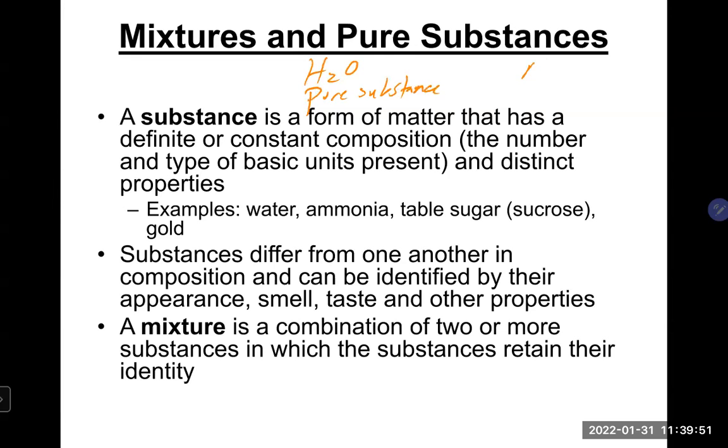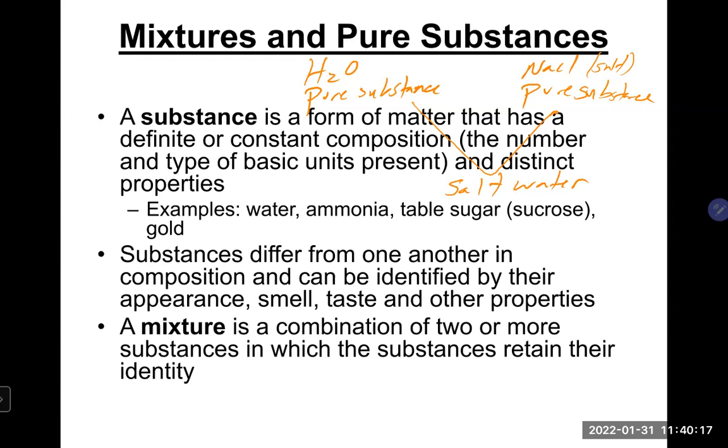If I had sodium chloride, which is salt, all by itself, that is a pure substance. If I take two or more substances and put them together, I would make something like salt water. That is known as a mixture.